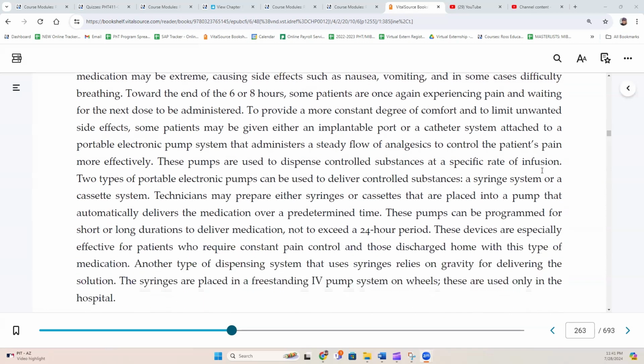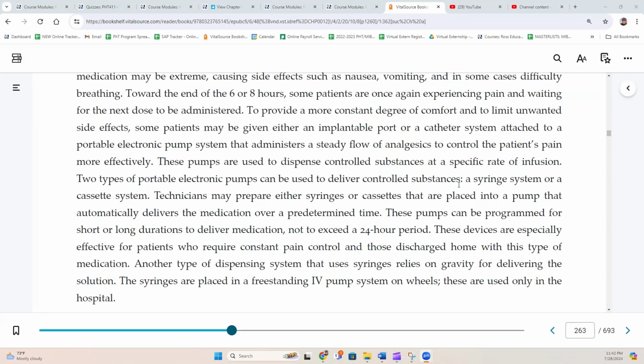Two types of portable electronic pumps can be used to deliver controlled substances: a syringe system or a cassette system. Technicians may prepare either syringes or cassettes that are placed into a pump that automatically delivers the medication over a predetermined time. These pumps can be programmed for short or long durations to deliver medication not to exceed a 24-hour period.